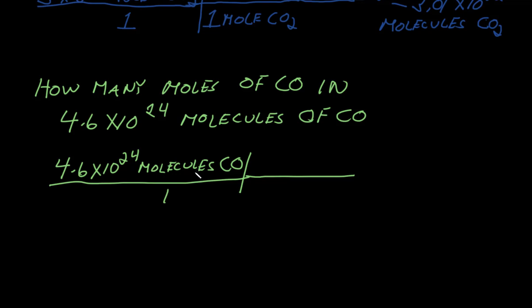And we got molecules in the numerator, so molecules will have to go in the denominator, and our factor is, we know there are 6.022 times 10 to the 23rd molecules of carbon monoxide in 1 mole of carbon monoxide.